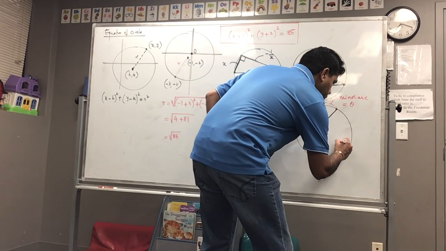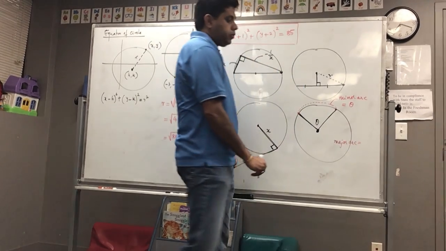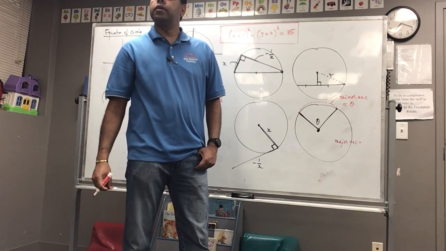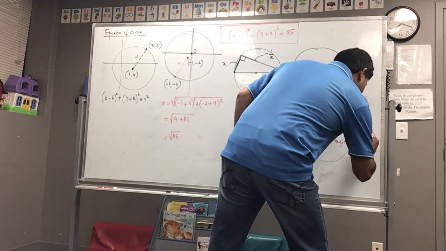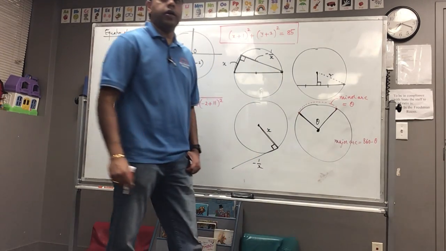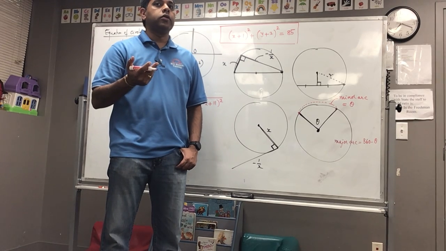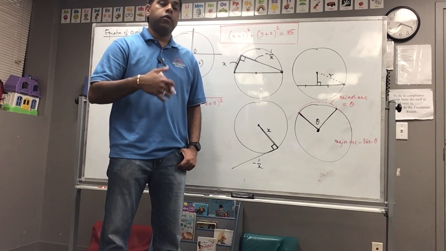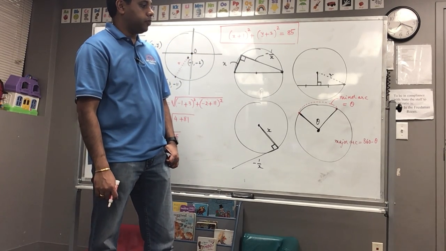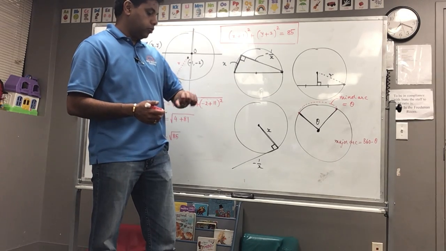So what's the major arc in terms of theta? 360 minus theta. Good. Because minor arc plus major arc should equal 360, or the circumference. Cool?